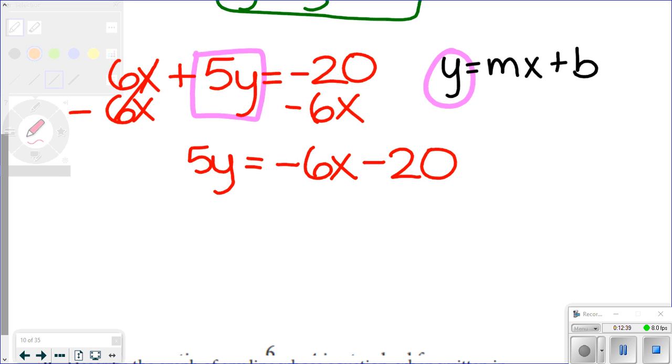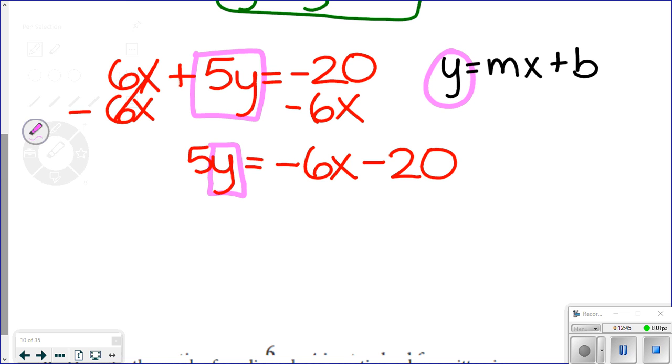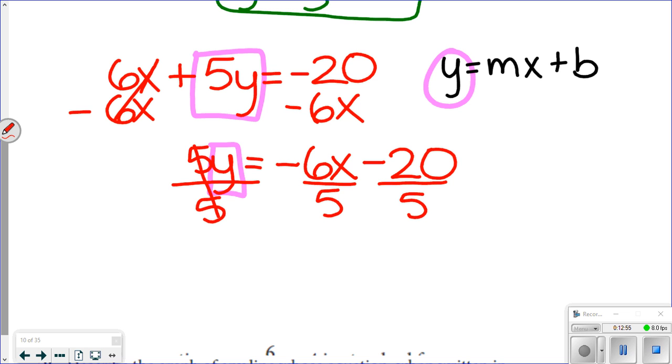Okay, now again, we want this y to be alone, and there's something out in front of it. It's being multiplied by 5. So the opposite, divide everything by 5. So y equals negative 6 divided by 5 stays as a fraction.